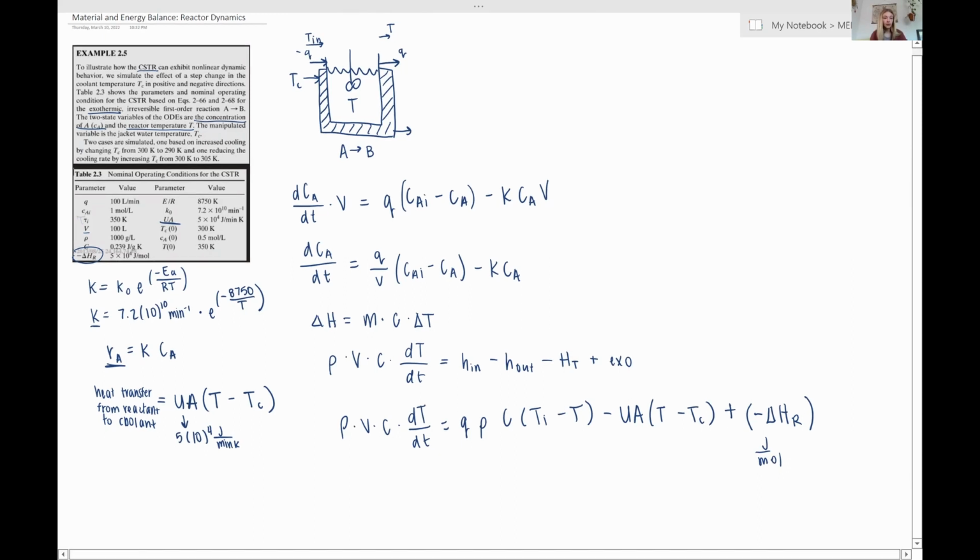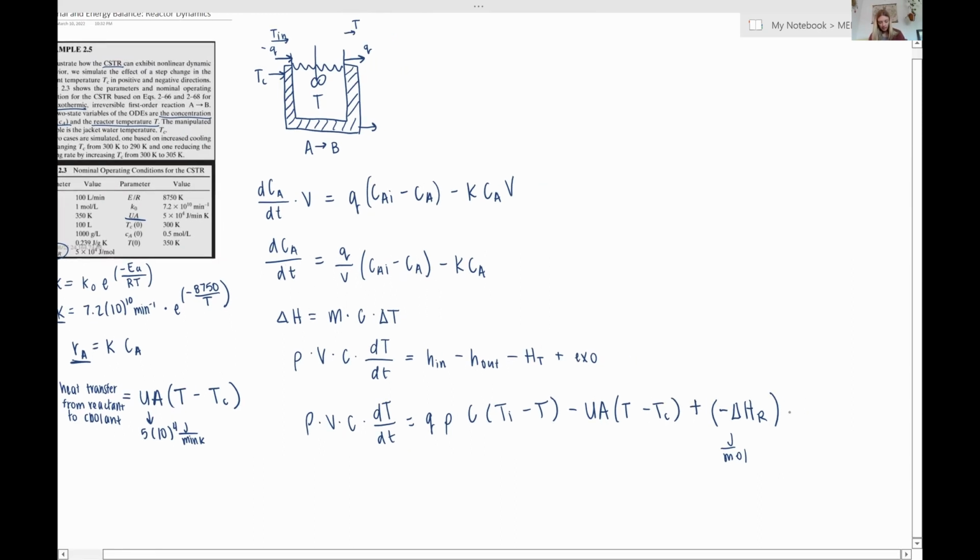So what we're going to do is multiply by our rate of reaction, rate of reaction constant K times concentration of A, which is in moles per liter times minutes.